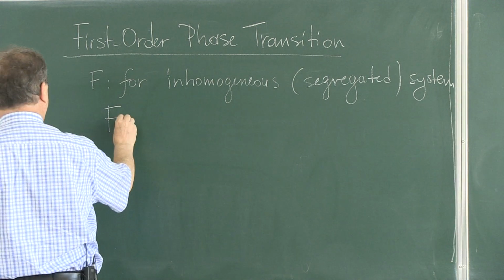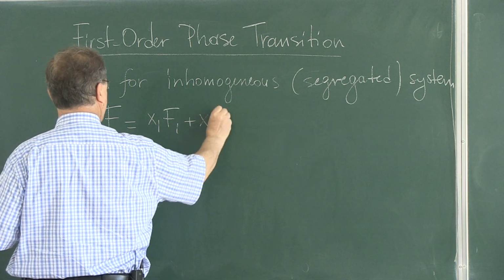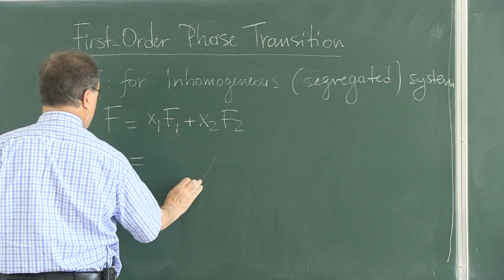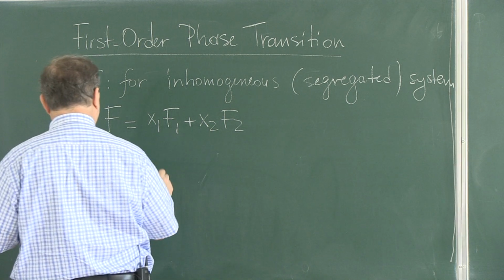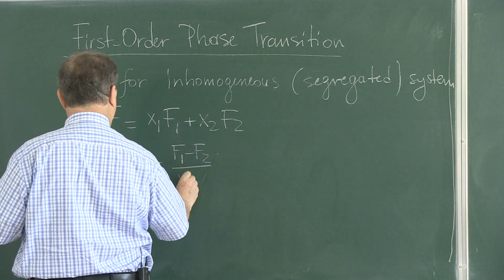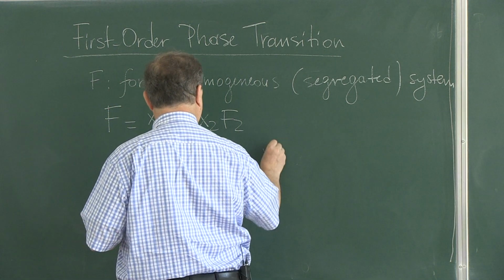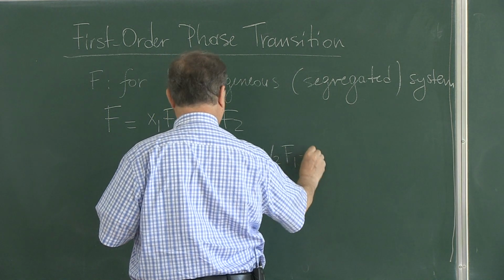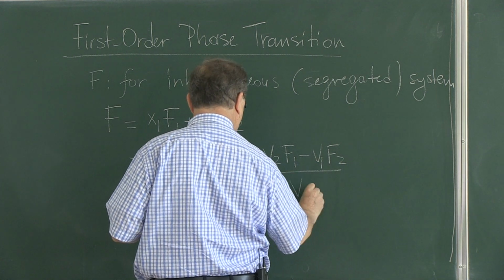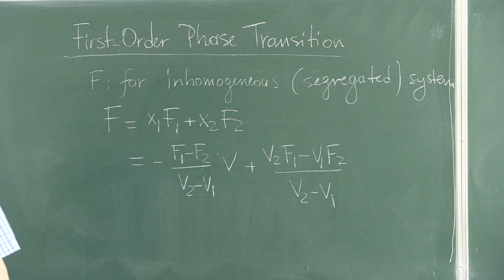That was the volume for that system. The free energy is x1 f1 plus x2 f2. You can write this as a linear function of volume: minus (f1 minus f2) over (v2 minus v1) times v, plus (v2 f1 minus v1 f2) over (v2 minus v1). Why don't you do the calculation yourself? Yeah? Homework again. It's linear in V.